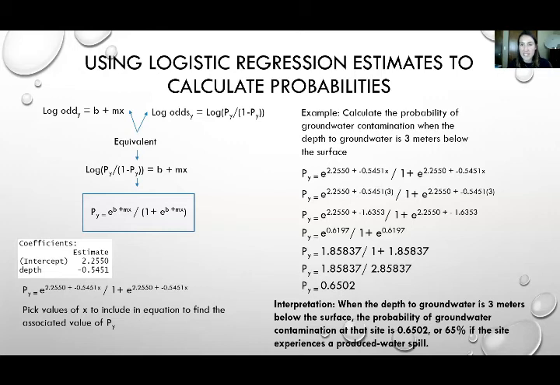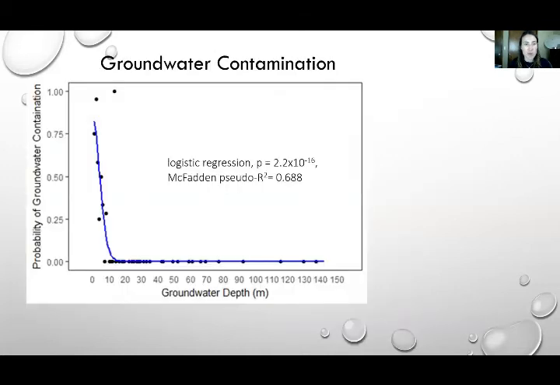In this case, it's meters below the Earth's surface. Okay, so you would use this equation and calculate probabilities for all of the different depths to groundwater.